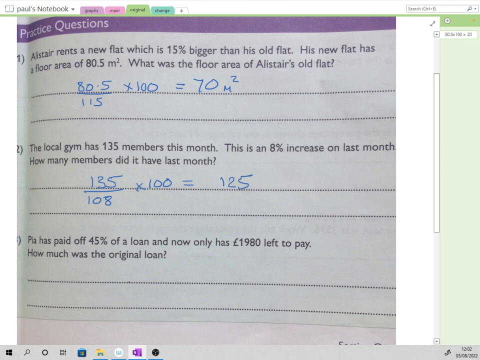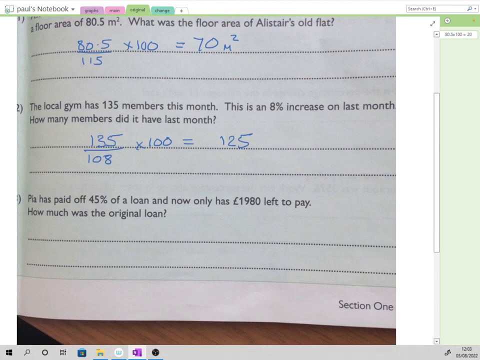Pia has paid off 45% of a loan and now only has that to pay. How much was the original loan? Now this is a decrease because you're knocking 45% off a certain price to get that. So this time we subtract.